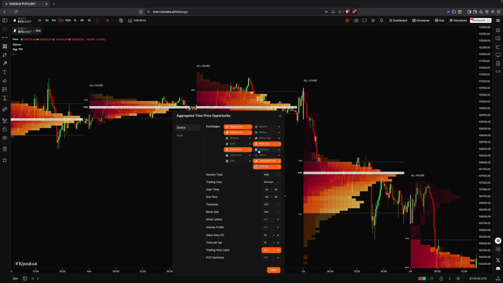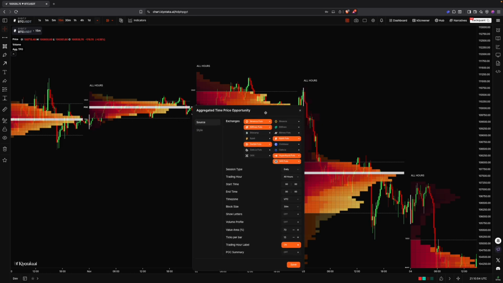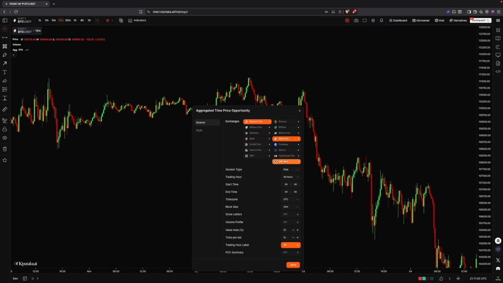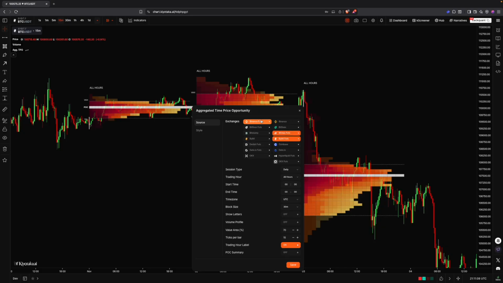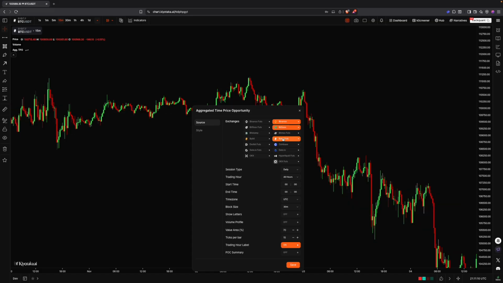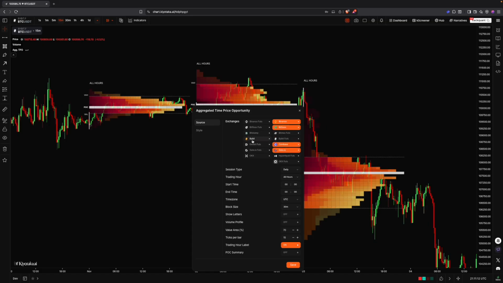Since crypto's traded 24 hours a day, 7 days a week, and the exchanges are all over the world in different time zones, it makes sense for a trader who wants to study order flow and market participation to aggregate the data from multiple exchanges so that you get a full picture of market participation. And you can add futures, or you can just focus on spot markets if you'd like, right?